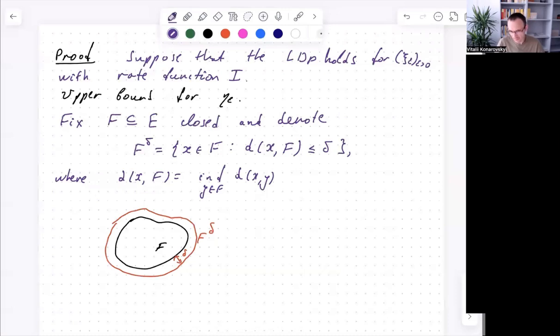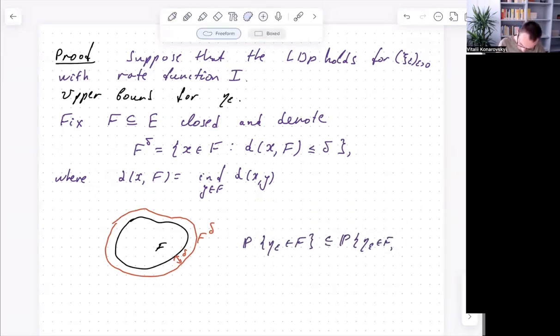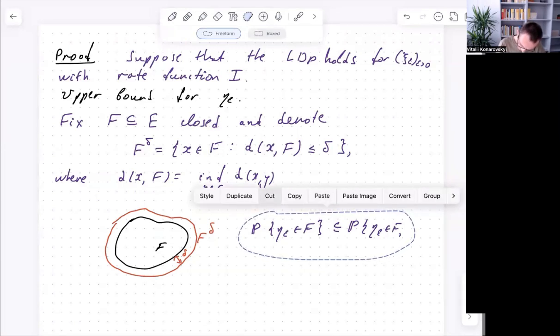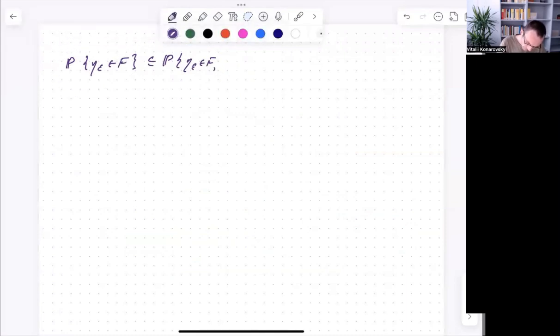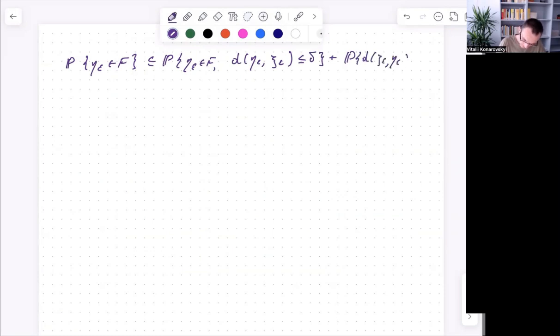Now we want to estimate, first of all, the probability that eta epsilon belongs to F, via the probability that eta epsilon belongs to F and the distance between eta epsilon and psi epsilon is less or equal than delta, plus the probability that the distance between psi epsilon and eta epsilon is larger than delta.